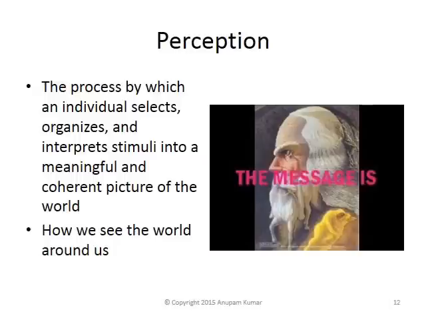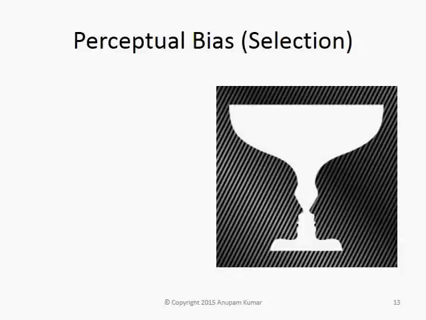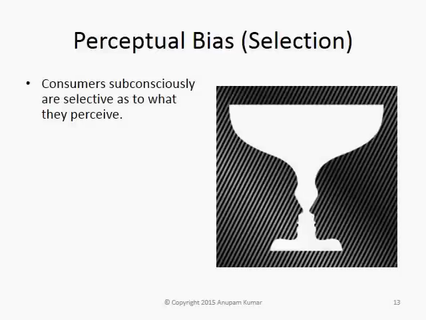Since this model deals with perceptual bias, we need to understand what it is and how it gets formed. When it comes to the formation of perceptual bias, it starts from perceptual selection, where consumers subconsciously are selective as to what they perceive.